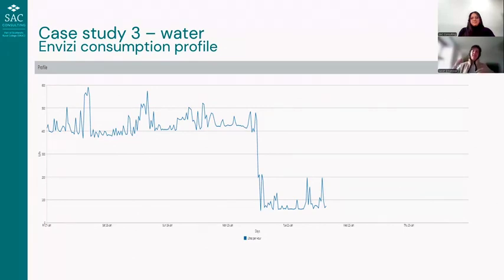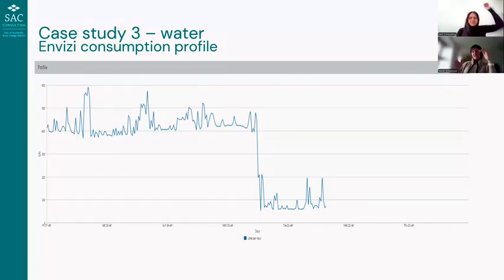On top of that, there's this constant trickling of water at the back of the toilet, through the cistern. I think that's a very usual thing that you see in most toilets, and it's really easy to get used to. You just think, yeah, it's fine, and you don't even think that it actually causes consumption most of the time. But using the smart metering, it became very visible and apparent that that's exactly what's happening.